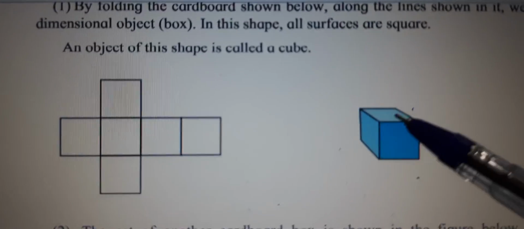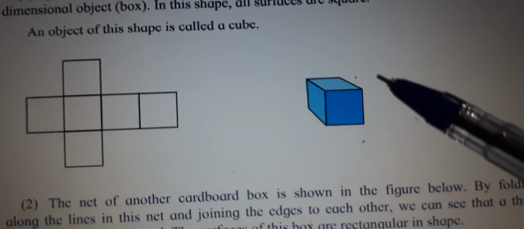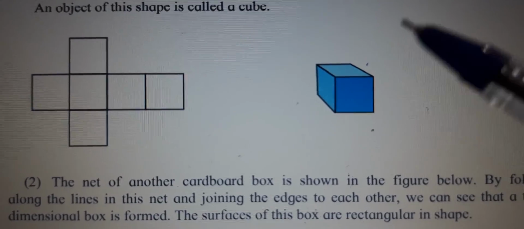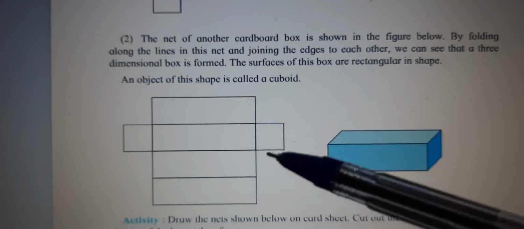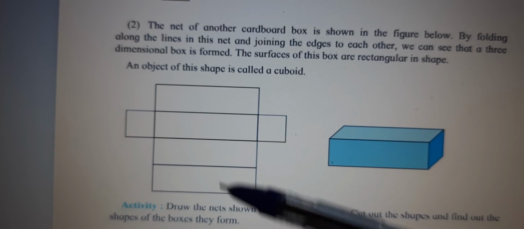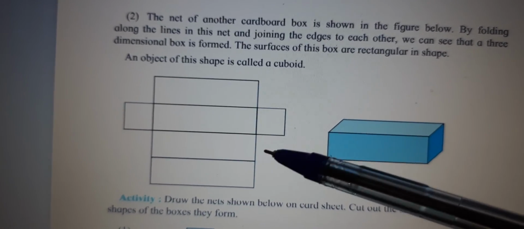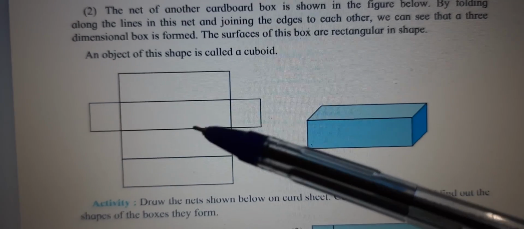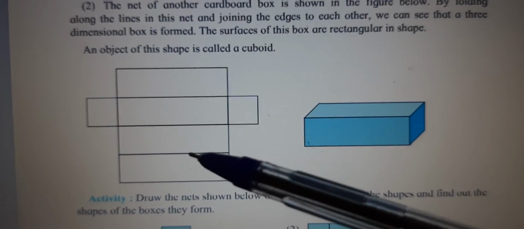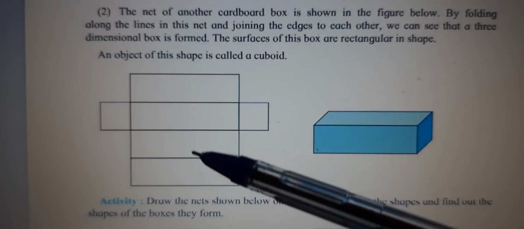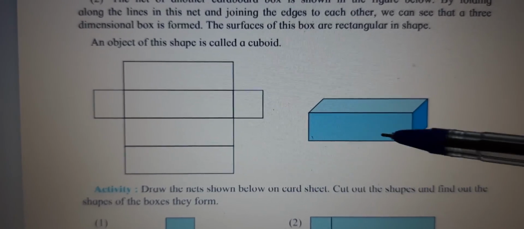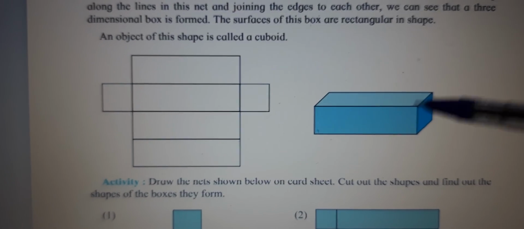Cube, you know, all sides are the same, equal, because you know a square has all sides equal. So a cube also has all sides equal. And in a rectangle, two sides will be equal, that is, this length and this length will be equal, and this breadth and this breadth will be equal. And a cuboid, because it has got length, breadth and height. So you can see this, when you prepare this type of two-dimensional shape and you fold it, you will get a three-dimensional cuboid box.